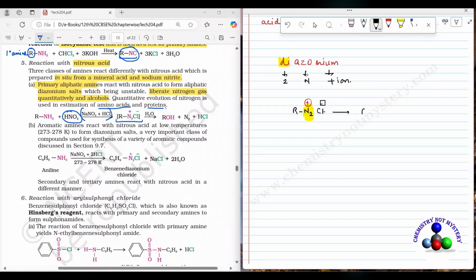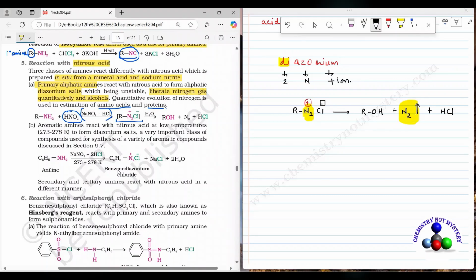So on hydrolysis you will get ROH. N2 is removed in the form of nitrogen gas, and Cl is removed with HCl. So here you will get HCl. So that's how nitrogen is liberated quantitatively, means you can measure how much nitrogen is removed, and you will get alcohol as a byproduct. Now come to the next reaction.